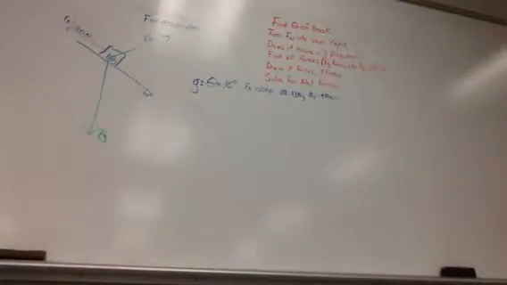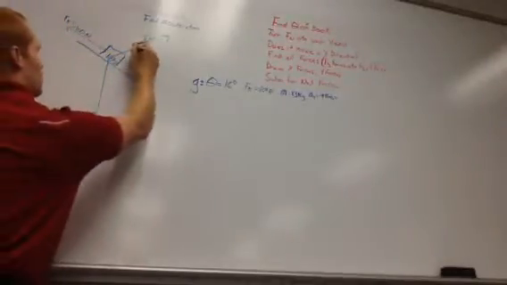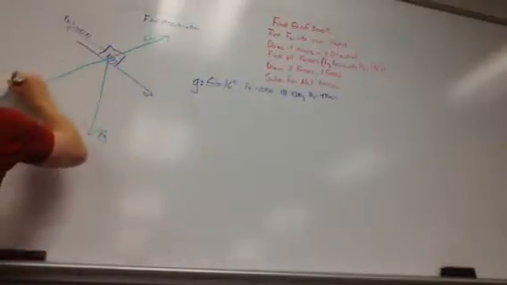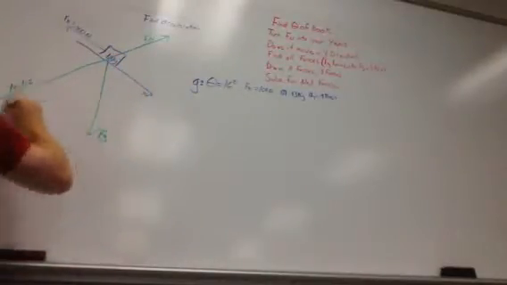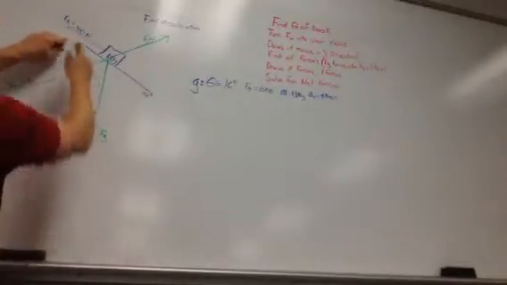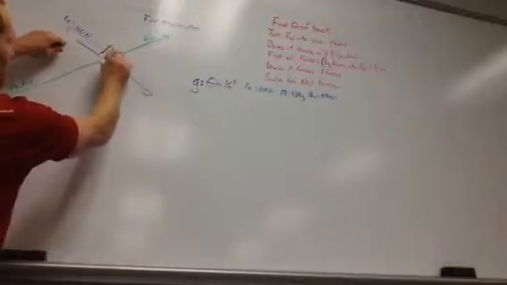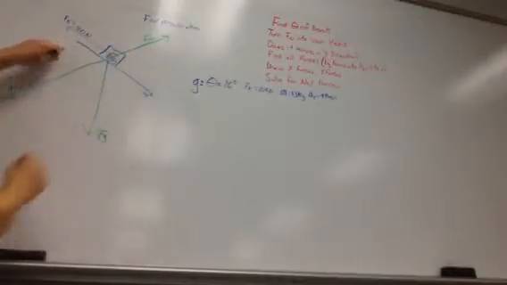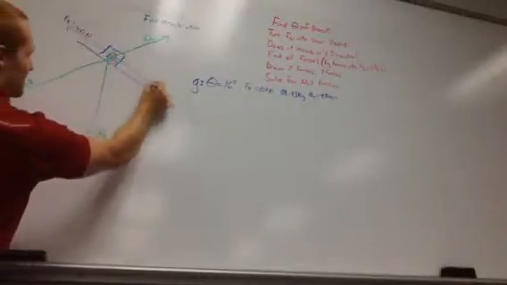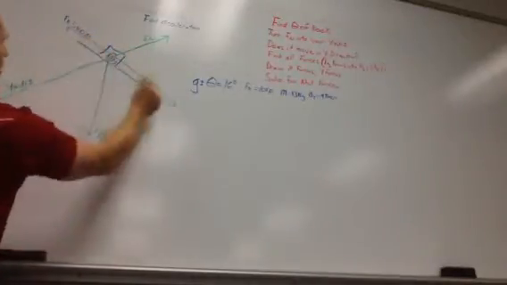It says turn force normal into your y-axis. So I'm going to take this force normal and extend it, and this now became my y-axis. If this is now my y-axis, notice how force of kinetic goes straight down and then meets here. This would be a 90-degree angle, which means force of kinetic has to be our x-axis.